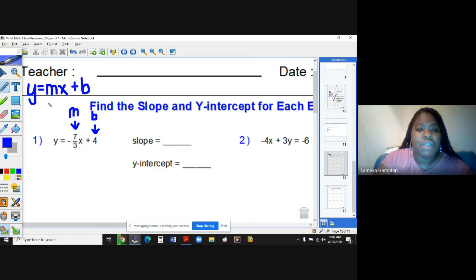Your slope is represented by the letter M, and your y-intercept is represented by the letter B. So with that being said, Mr. McFadden, I want you to tell me what number, and I kind of gave it away for number one, but what number is the slope and which number is the y-intercept?